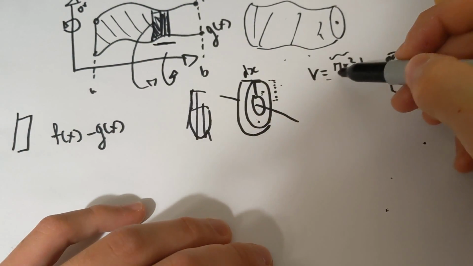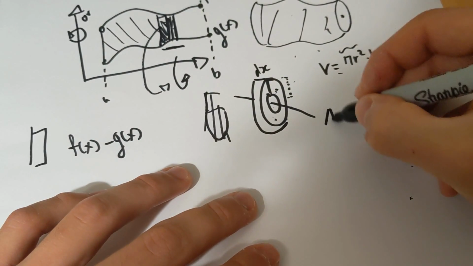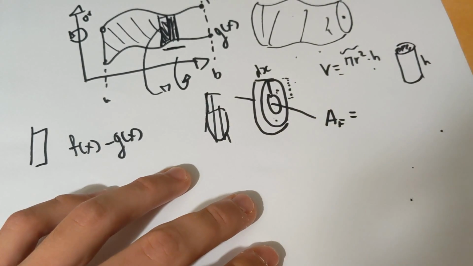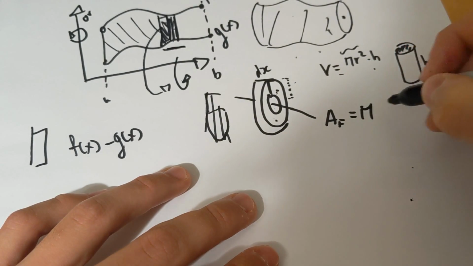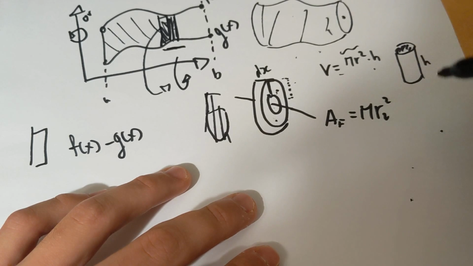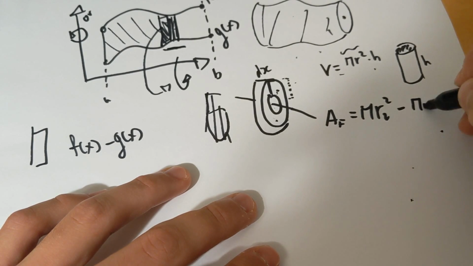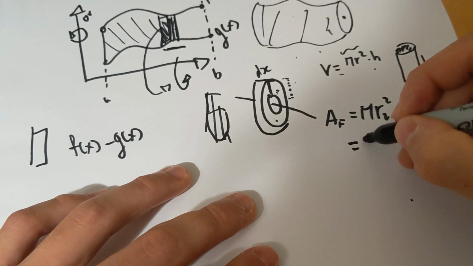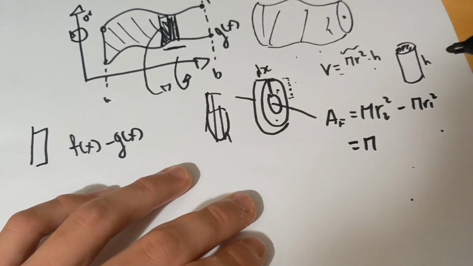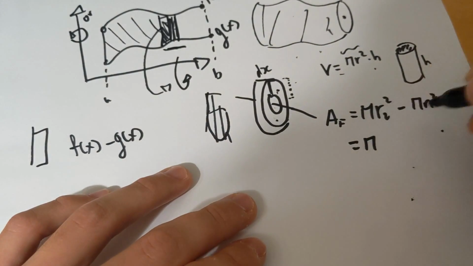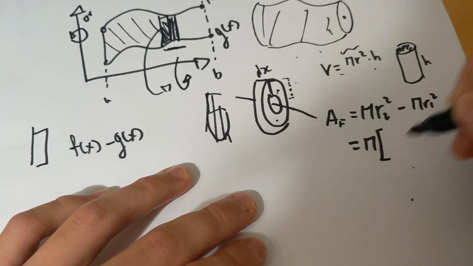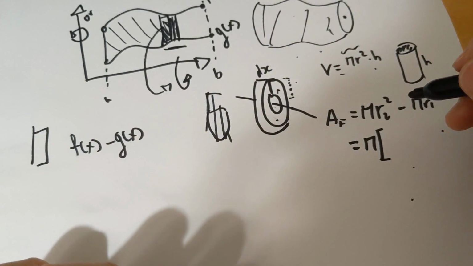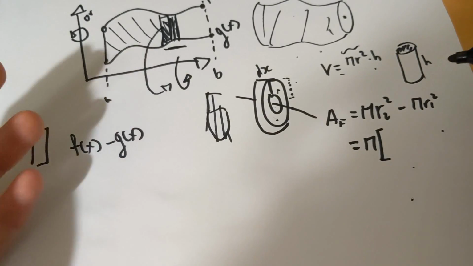Its face area, I'm just calling it AF, area of face, is equal to the bigger area, which is pi r2 squared, minus pi r1 squared. Now what is this r2? This r2 means radius 2, and I'm going to use that description as the furthest radius.